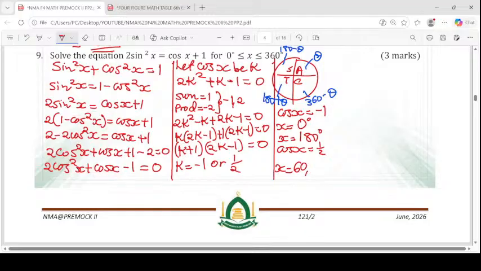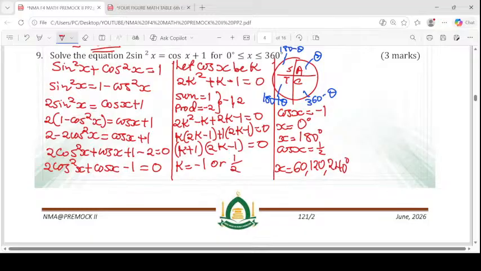In the second quadrant, 180 minus theta, so this will be 120. In the third quadrant, 180 plus theta, this will be 240.